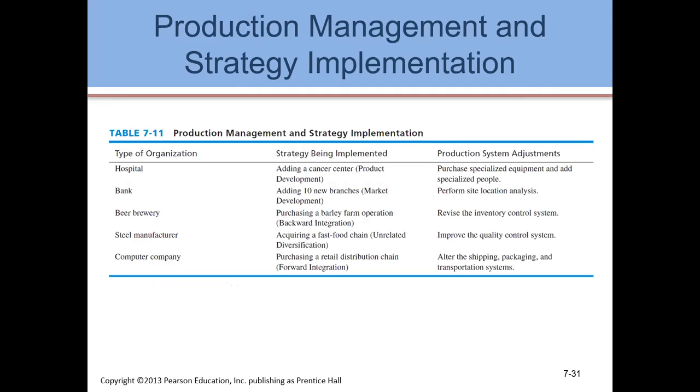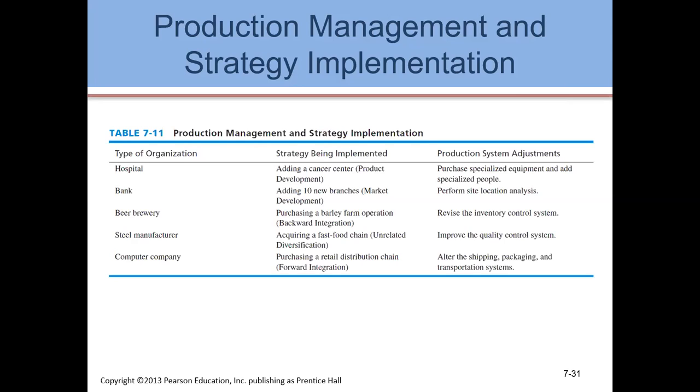Now, talking about the production management and strategy implementation concerns, I have presented different examples related to hospitals, banks, brewery, steel manufacturer, and computer company. For example, when we talk about hospitals, the strategy being implemented is adding a cancer center, which is basically a product development concern.